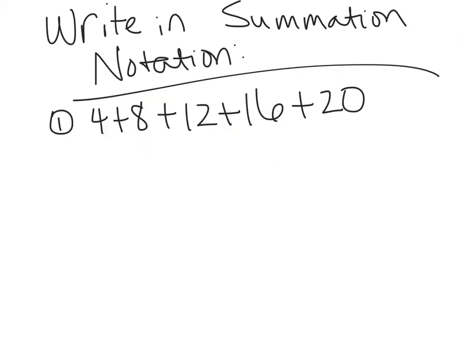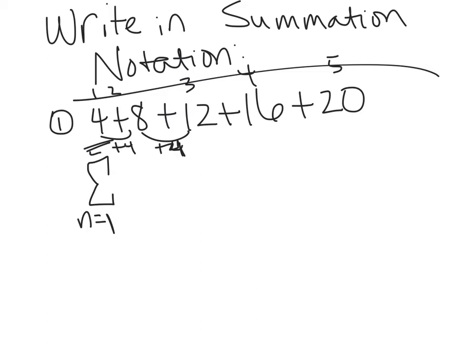You might see an example like this where it says write the series in summation notation. So we know for sure we're going to have our sigma. We're going to have our n. We're adding 4 each time, so we know that it's going to be an arithmetic series. Our lowest value is 1. Our highest value is 5.